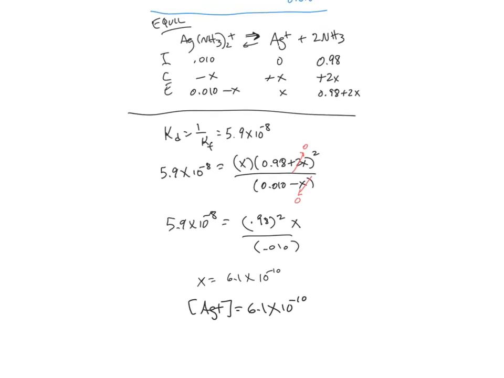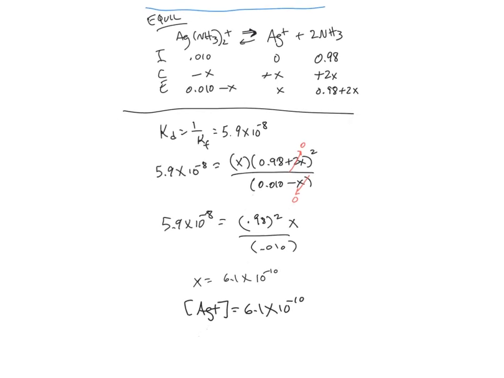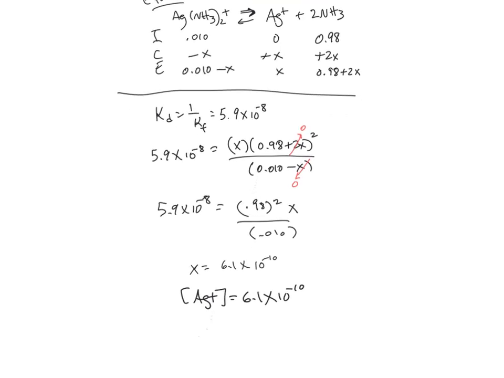That was the example, but you could also ask what the concentrations of the other things are. The ammonia here is going to be 0.98. Just forget about the 2x. And then the complex ion is still going to be approximately 0.01 because x is so small. So you could continue here and say the concentration of the NH3 is 0.98.